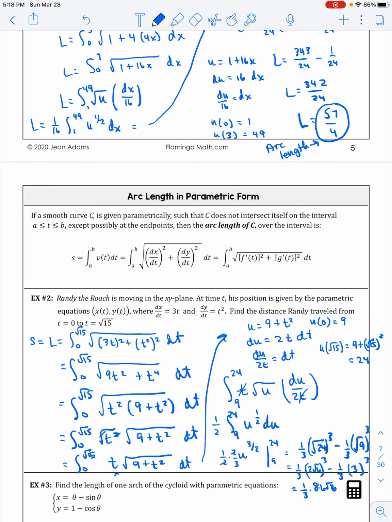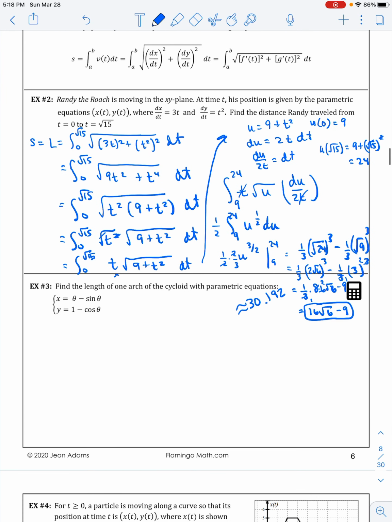So this is going to be times 6 root 6, oops, I almost put root 3, 6 root 6. Minus, divide by 3, I get 1, or I get 2. This is going to be minus 9. Divide by 3, I get 1, divide by 3, I get 2. This is going to be 16 root 6 minus 9. And if I put that in my calculator to find out the approximation, it would be approximately equal to 30.192. But 16 root 6 minus 9 is your exact, okay?